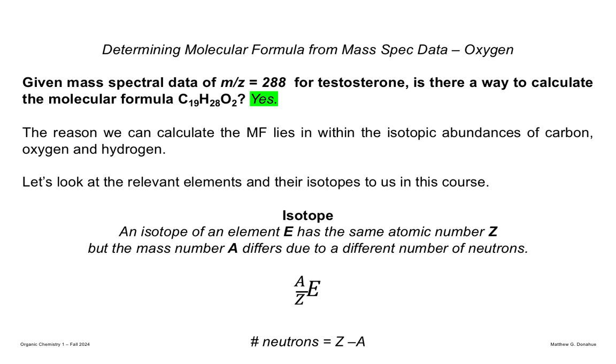So given mass spectral data of m/z equals 288 for testosterone, is there a way to calculate this formula, C19H28O2? Yes, there is. The reason we can do that relies on the isotopic abundances of carbon, oxygen, and hydrogen.